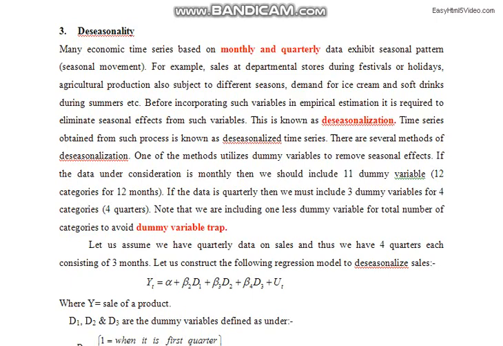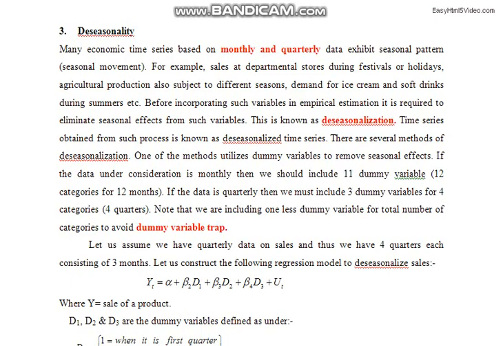So this is known as seasonality. Before incorporating such seasonal variables in empirical estimation, we have to eliminate the seasonal effects from such variables, and this is known as deseasonalization. The time series which we obtain from such a process is known as a deseasonalized time series.